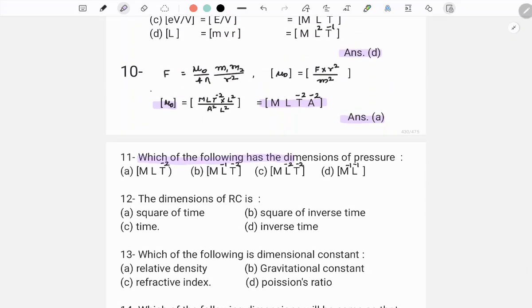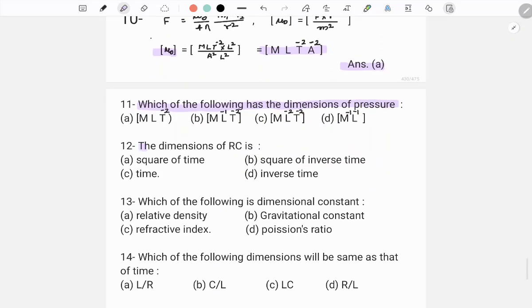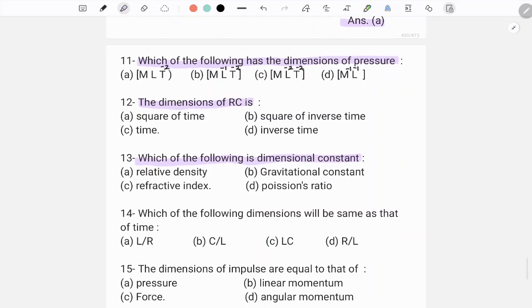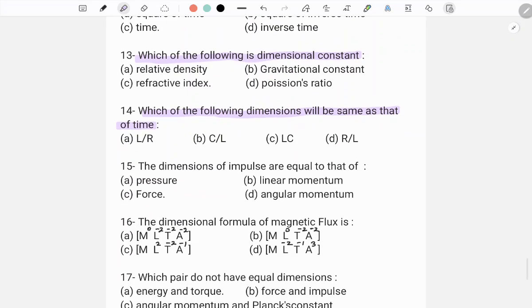Which one of the following has dimensions of pressure? The dimensions of RC is, which of the following is dimensional constant? Which of the following dimensions will be same as that of time? The dimensions of impulse are equal to that of.